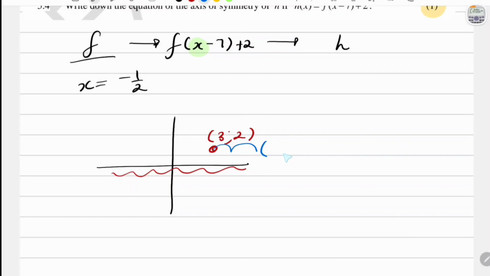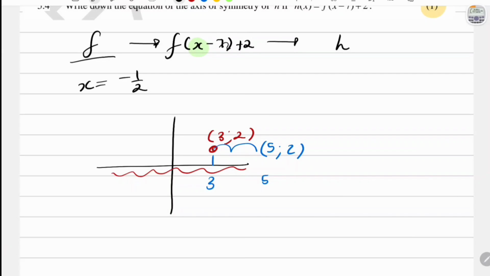What's your new point? Well, we only moved 2 units to the right, so this new point, which was 3 before, is now going to be 5. Do you see that the y value didn't change? No. So that's what I meant by the x values. They really control the left and the right movements.